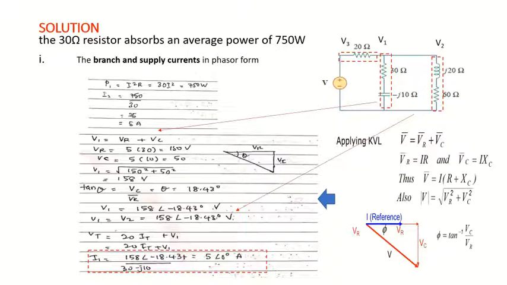So the magnitude and angle of V1 is 158 with minus 18.43 degrees volts.